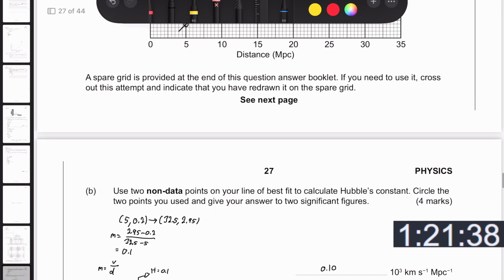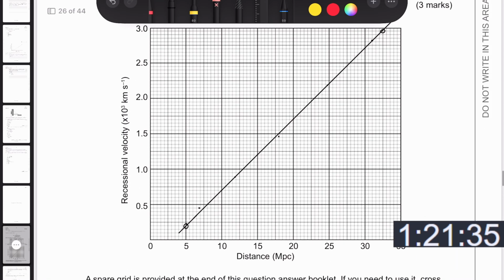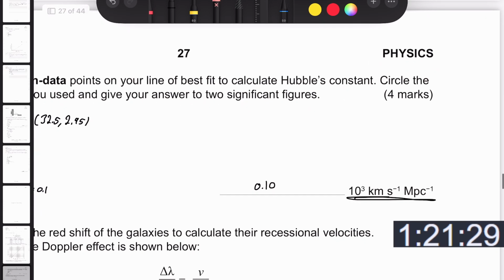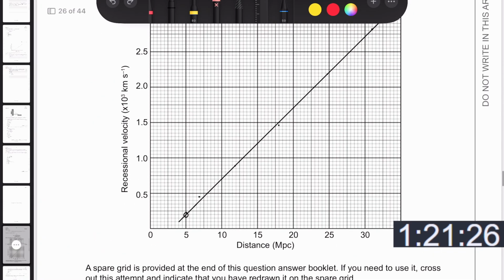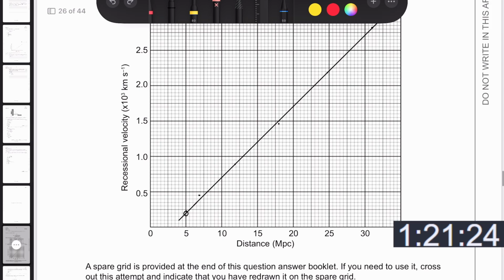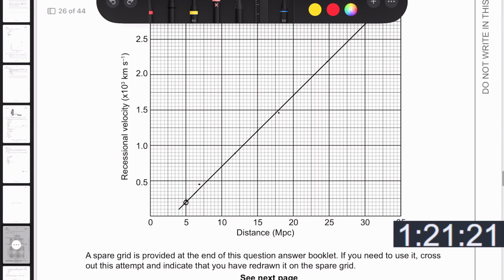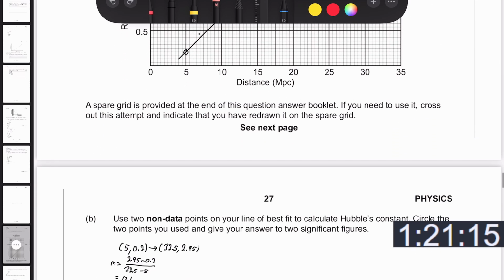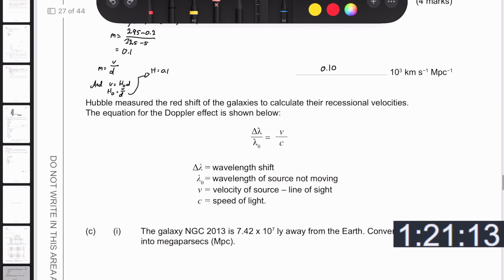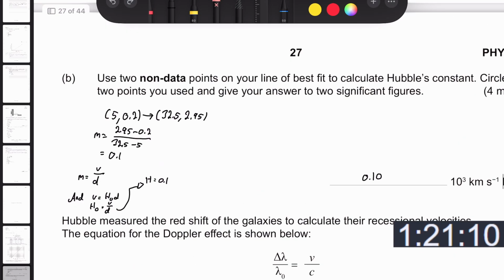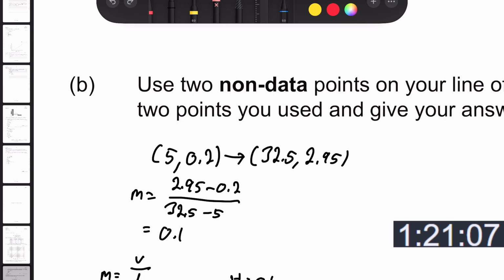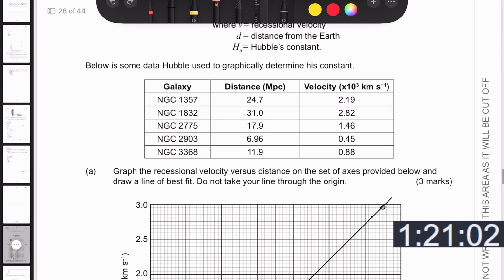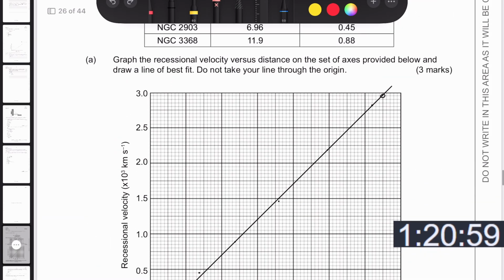Do I need to do any conversions? No, I don't think I need to, because these units are exactly the same units as above. So I don't need to be doing any conversions. So just 0.10, I think. 5 and 0.2 is 32.5, 2.95 here.